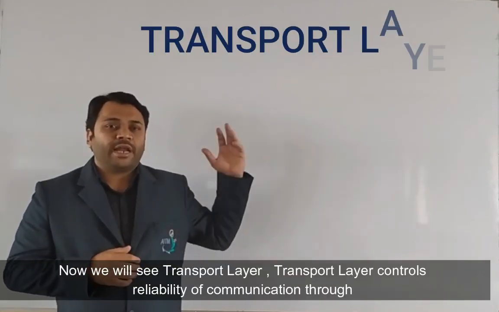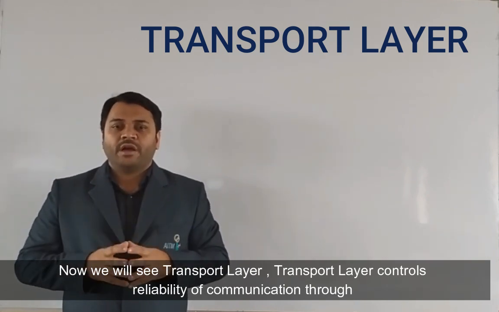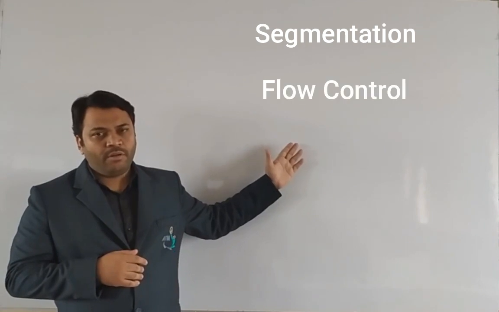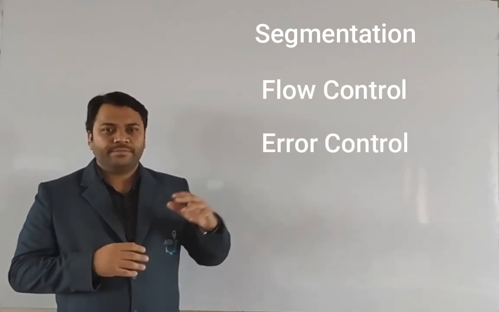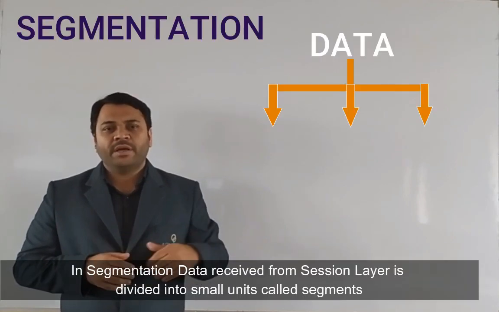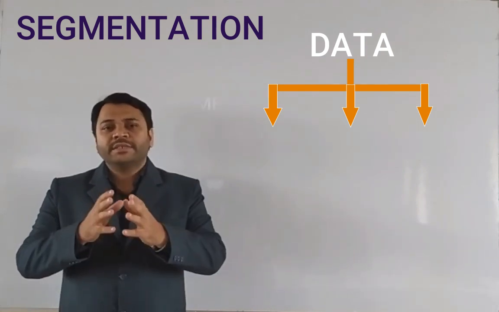Now we will see the transport layer. The transport layer controls reliability of communication through segmentation, flow control and error control. In segmentation, data received from the session layer is divided into small units called segments.